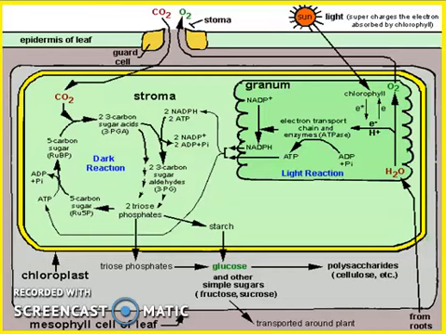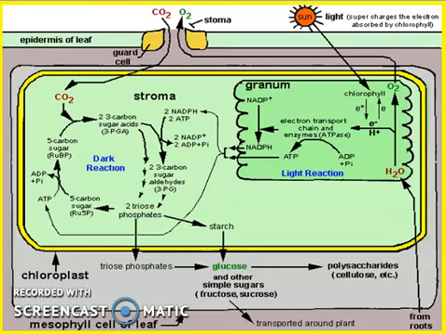Now we will start with the light reactions. Inside the thylakoid membrane of a granum, water is split to produce oxygen, which is evolved as a byproduct. Now here, electrons and hydrogen ions are produced.